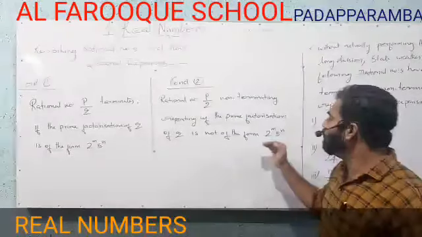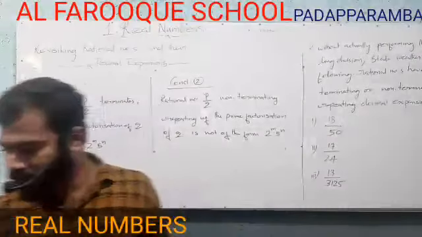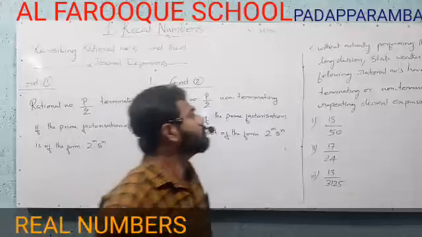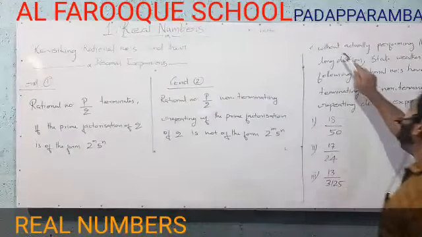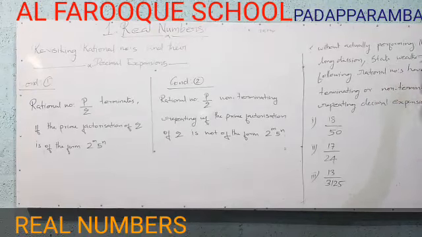Okay, let us go through some examples. Consider a question. Without actually performing the long division, state whether the following rational numbers have terminating or non-terminating repeating decimal expansion.